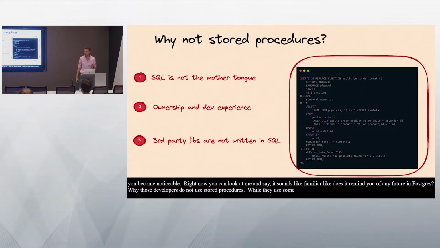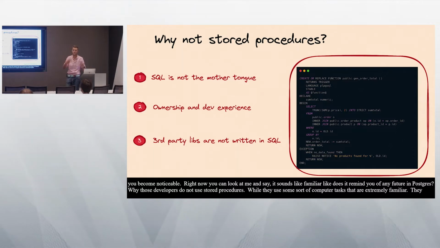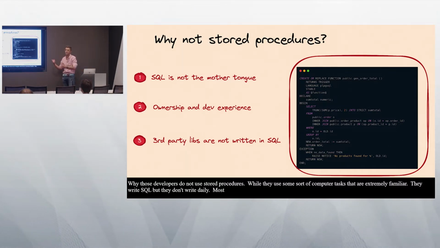There are actually three reasons, right? The first reason is SQL is not their mother tongue. Remember the first two slides, how developers see a database. For them, a database is an ORM, whether we like it or not. They do write SQL, but they don't write SQL daily. Most of the time, they write JavaScript or Java code. Then the ownership, because stored procedures are sub-programs. You want to get some sub-program and execute it on the database end.